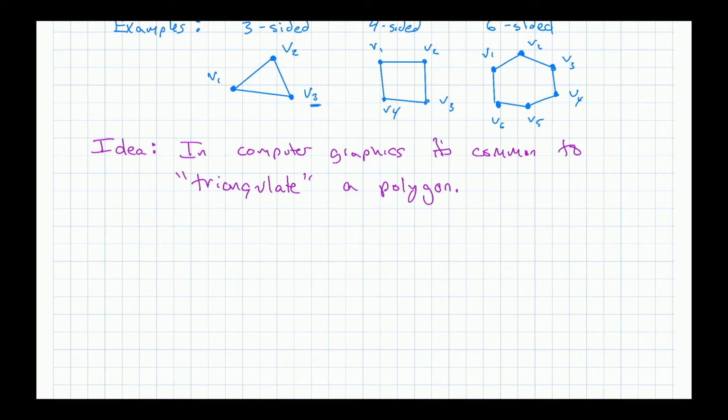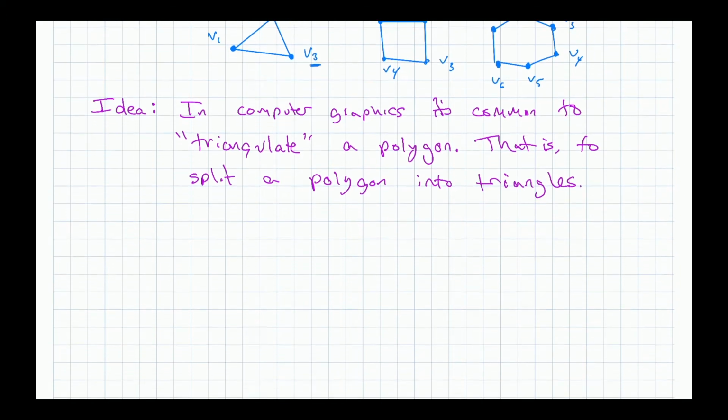So what's that? Well, triangulation is when you split a polygon into triangles. It is to split a polygon into triangles. And there's multiple ways to do it.